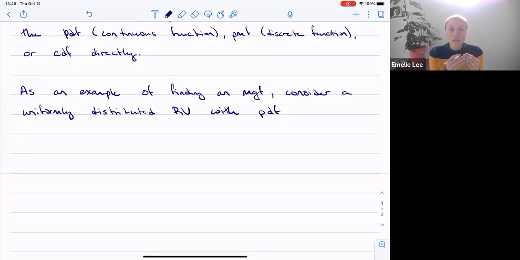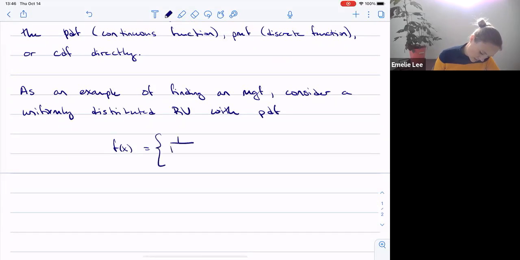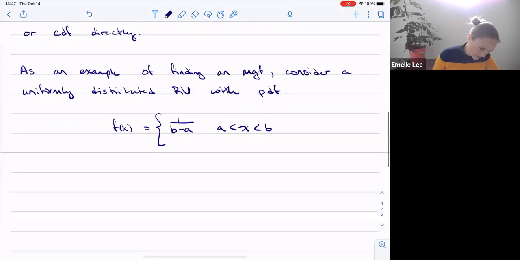Okay, so the uniform distribution, we're assuming we have a continuous uniform distribution, and so the PDF is going to be f of x equals 1 over b minus a for x between a and b, and 0 otherwise.